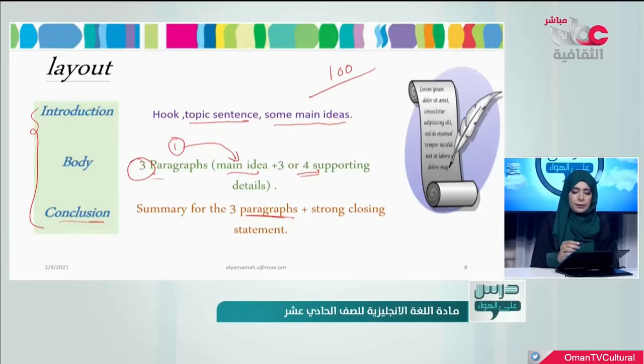So here we can notice that at the end we will have 5 main paragraphs. Introduction, 1 paragraph, then 3 paragraphs for the body, then 1 paragraph as a conclusion.